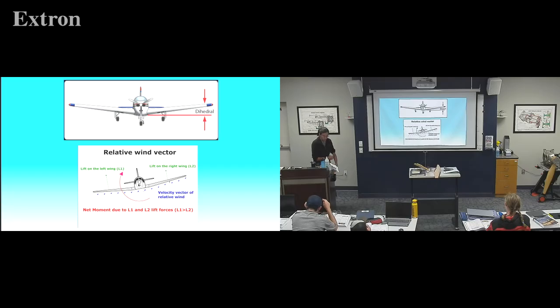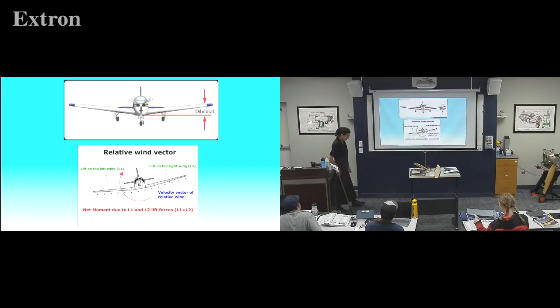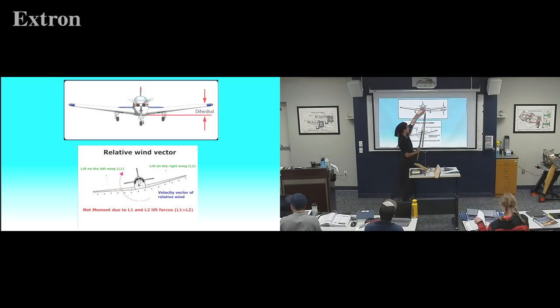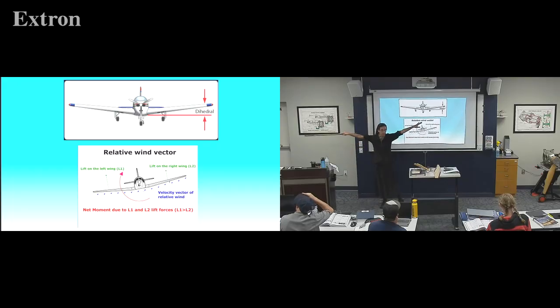So to help with stability, there's a number of different things, but one of the things, and you can see this on any of our aircraft, Cherokee might be more obvious, there is dihedral. So that's the angle that the wings are attached, looking from the front, to the aircraft as compared to the flat surface. So here, if we have flat ground, we have an angle of dihedral because our wings are up.